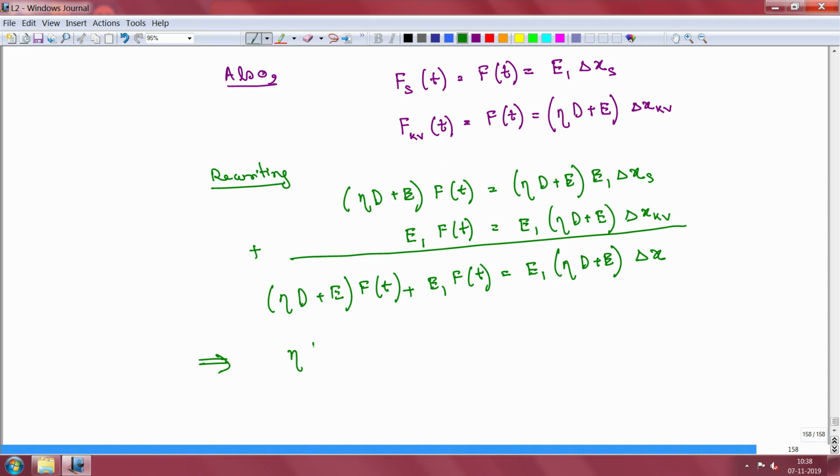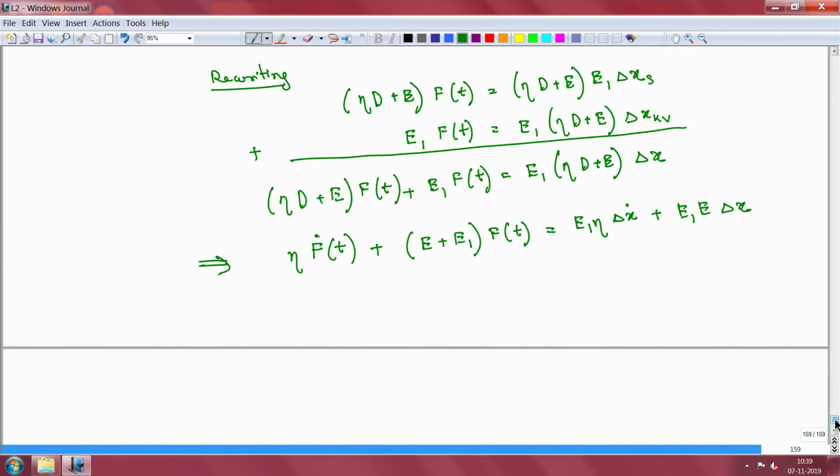Right. So, if I were to use this operator, then this is the same as writing eta times f dot t plus E plus E1 of f t equal to E1 eta delta x dot plus E E1 delta x. So now this is the relationship between the force and the displacement.